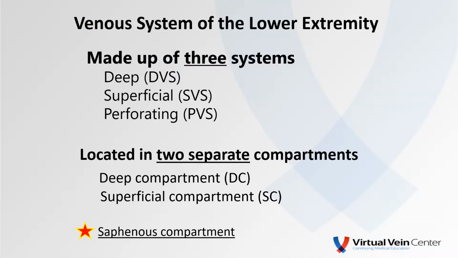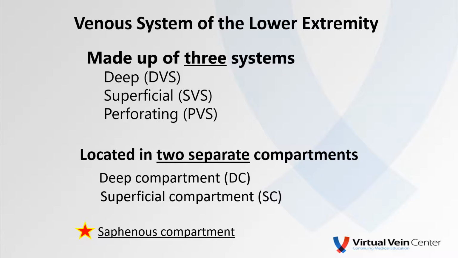Just a quick review of the venous system of the lower extremity. Of course, we know it's made up of 3 systems located in 2 separate compartments. The deep venous system located in the deep muscular compartment, the superficial venous system located in the superficial compartment, and of course there's that special compartment, the saphenous compartment, and through those course the great and the small saphenous veins.